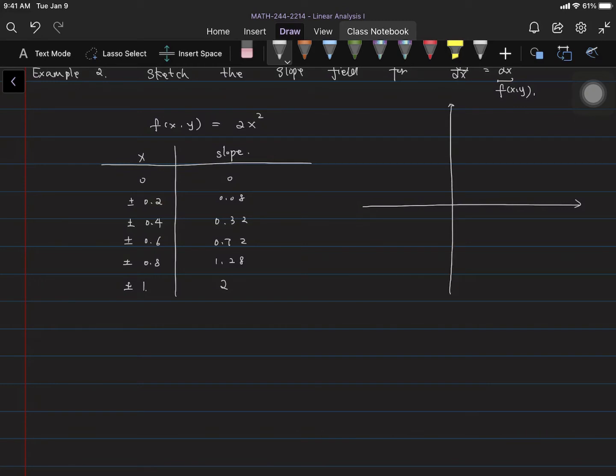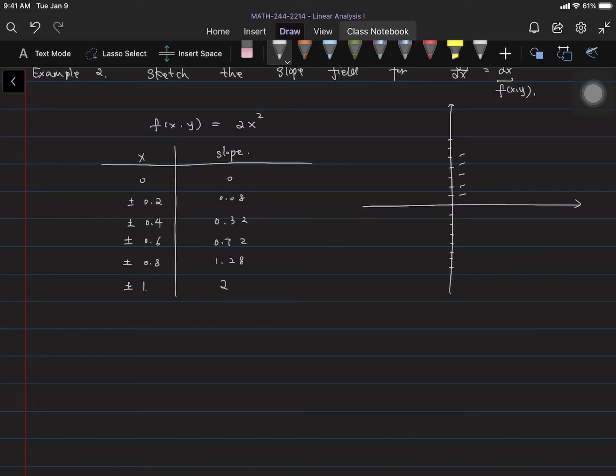So let's see, when x equals 0, no matter what y is, what's the slope? Slope is 0, right? And we are going to draw some small line segments. So no matter what y is, the slope is always 0 for any y. And then when x is 0.2, it becomes 0.08, so it's a pretty small slope, something like this.